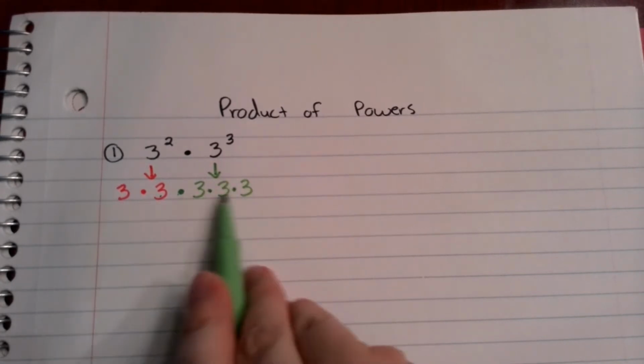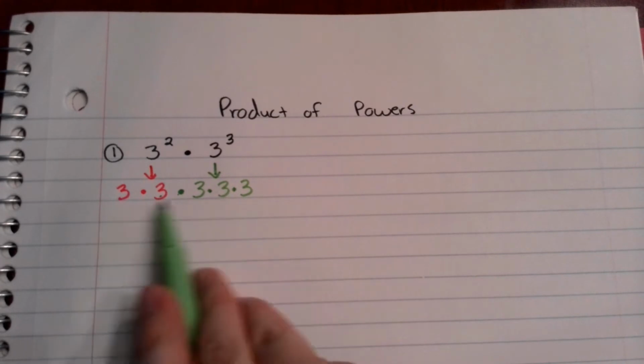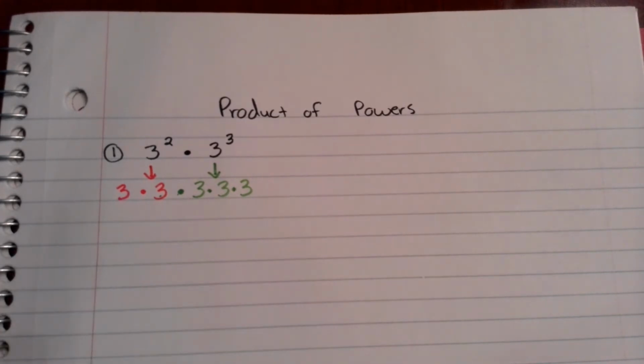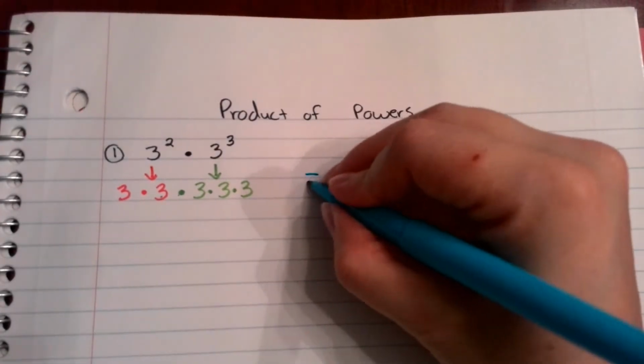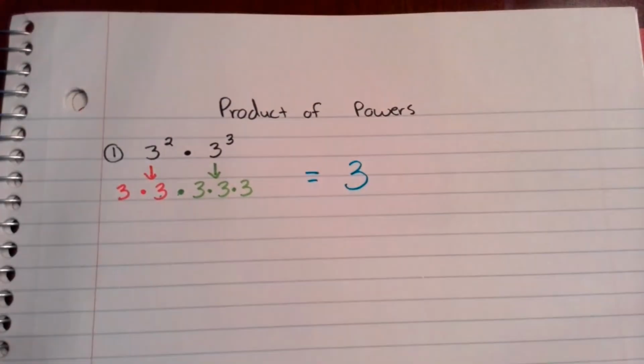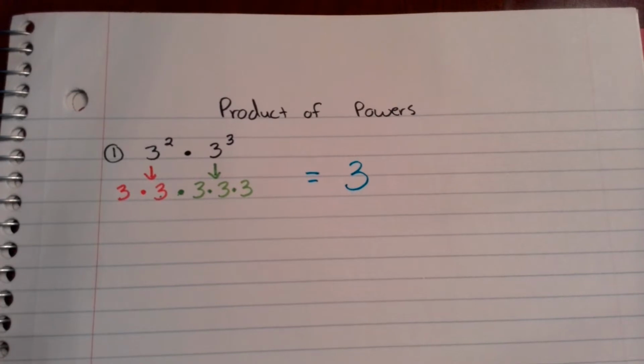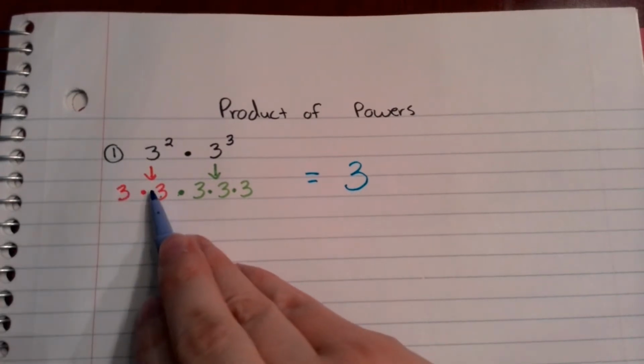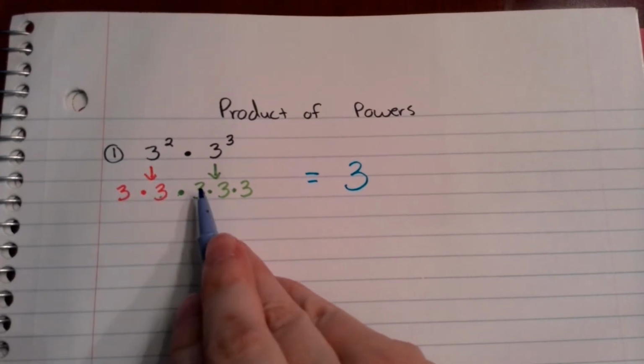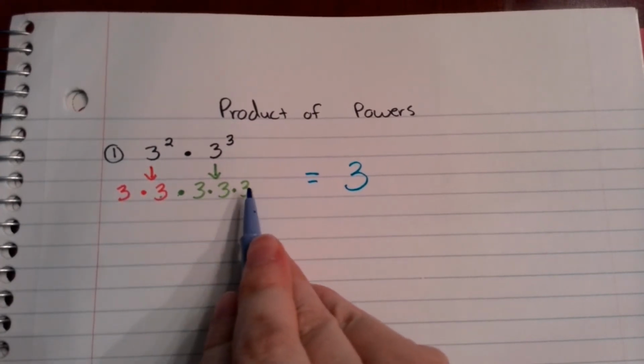Well, all of these are the exact same base, aren't they? They're all 3s. So I know that I have a base of 3. And then for my exponent, I just have to see how many there are. Well, 1, 2, 3, 4, 5.